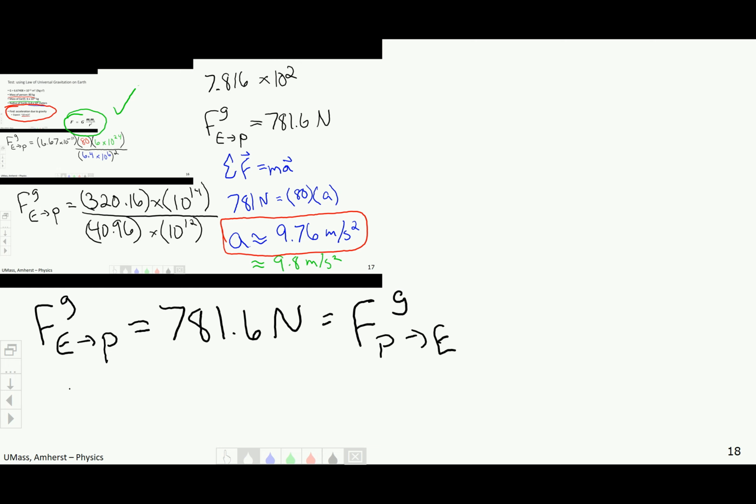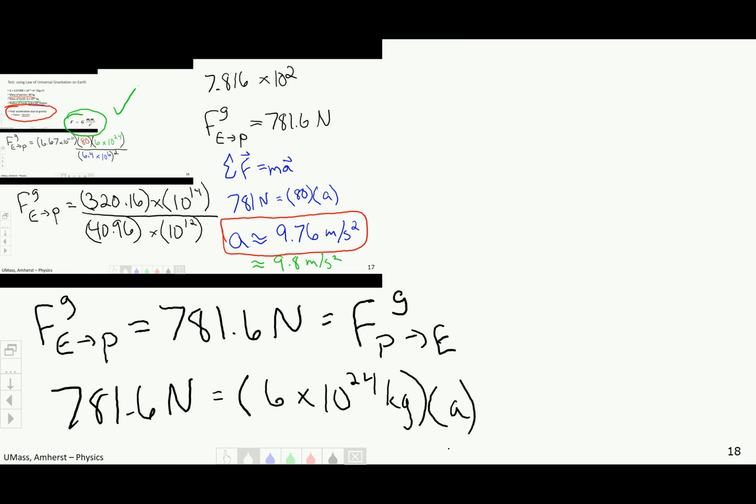So let's do a little Newton's second law: 781.6 newtons equals the mass of the Earth, which is 6 times 10 to the 24th kilos, times the acceleration.